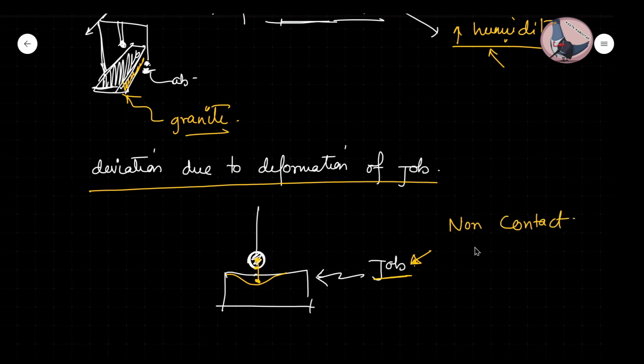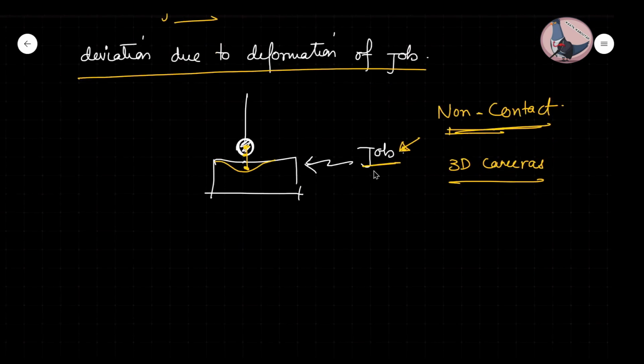But there is another problem with non-contact: the entire accuracy of your measurement will depend on the 3D cameras, and these 3D cameras do not give you very correct results. Although this is very fast, the measurements are still not very accurate. So that is another trouble we often face.